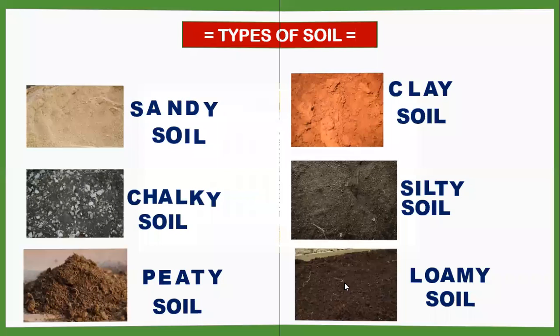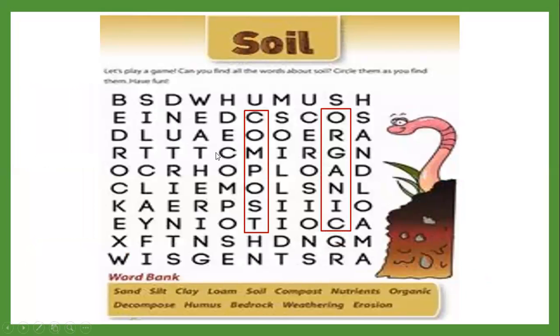All right, now let's practice. Let's find the words from here below. Let's read: sand, silt, clay, loam, soil, compost, nutrients, organic, decompose, humus, bedrock, weathering, and erosion. So we have here organic and compost, and they are already finished.